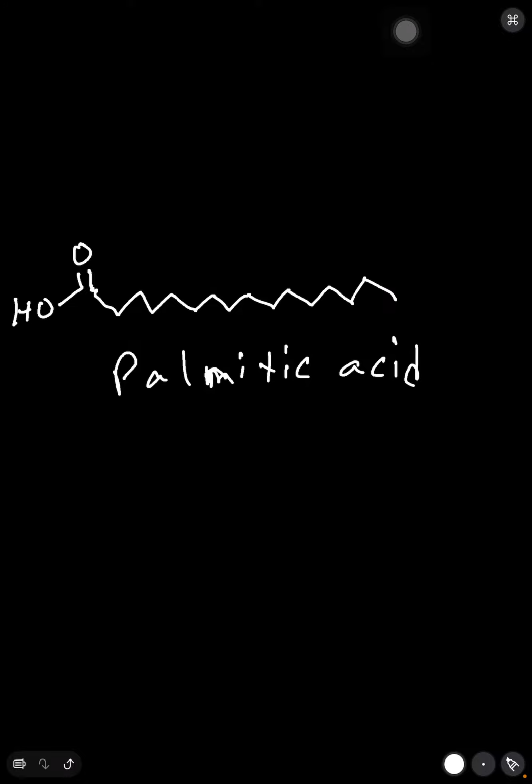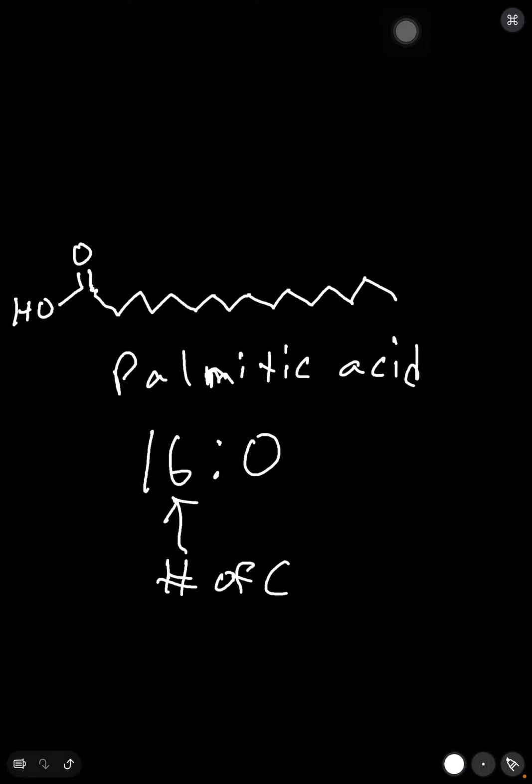So there's a bit of shorthand terminology that you can use to represent this to a reader or somebody else that needs the information, to tell them, hey, this is the one we've got, right? So it's not uncommon to see palmitic acid referred to with this notation, 16:0. This number here refers to the number of carbons in the chain.